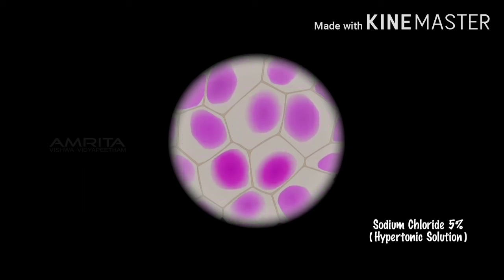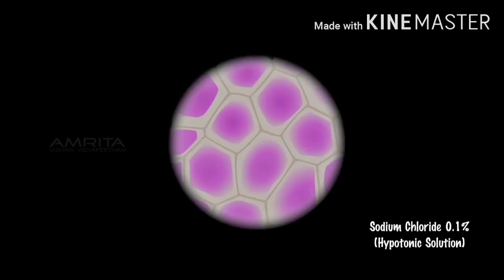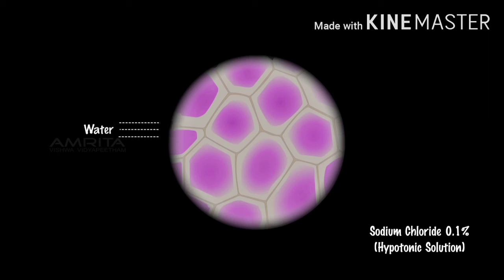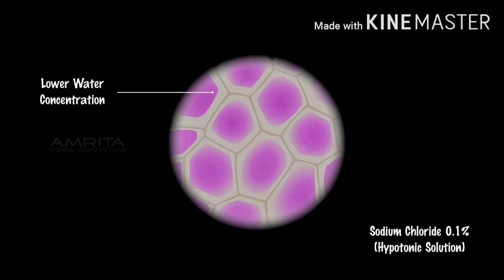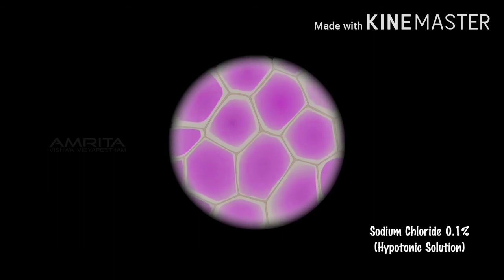This is called plasmolysis. When a plant cell is immersed in sodium chloride 0.1% solution or dilute salt solution, the water moves into the cell because of the higher concentration of water outside the cell than inside. The cell then swells and becomes turgid.